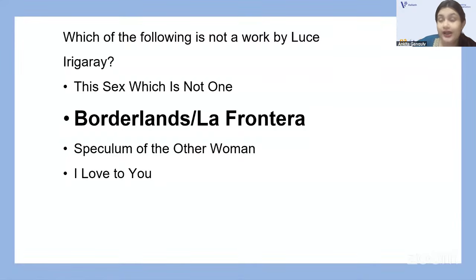Gloria Anzaldua is a major name in queer theory, and she is best known for her work Borderlands La Frontera, which is based on her life growing up on the Mexico-Texas border, and this work incorporates her lifelong experiences of social and cultural marginalization. So Borderlands La Frontera is a major work by the queer theorist Gloria Anzaldua.